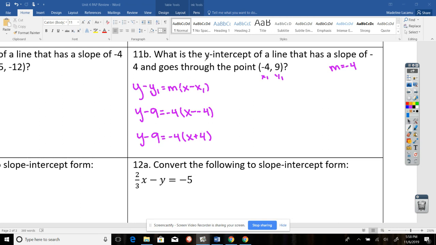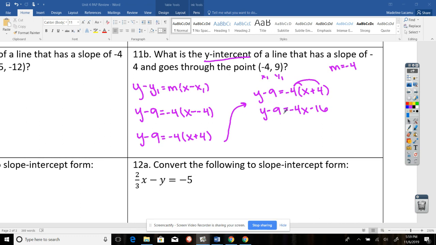Now this question was asking for our y-intercept, so all we're going to do is convert this into slope-intercept form. So I have y minus 9 equals -4 times x plus 4. So our first step is to distribute. So I have y minus 9 equals -4x. -4 times 4 is -16.